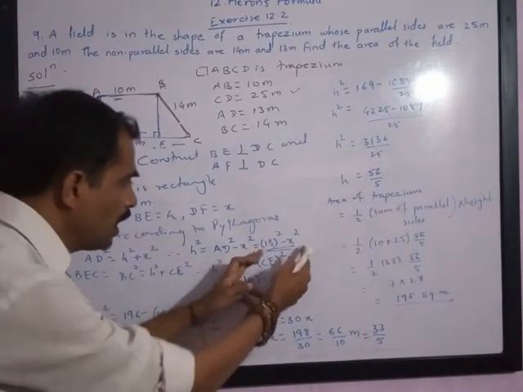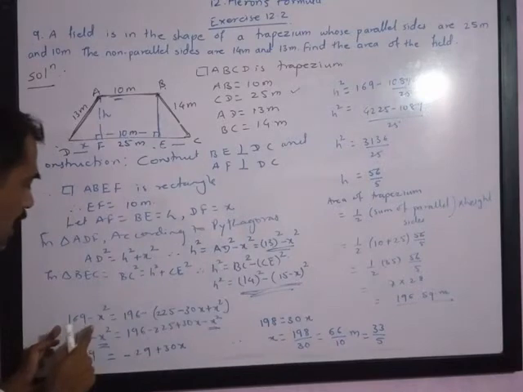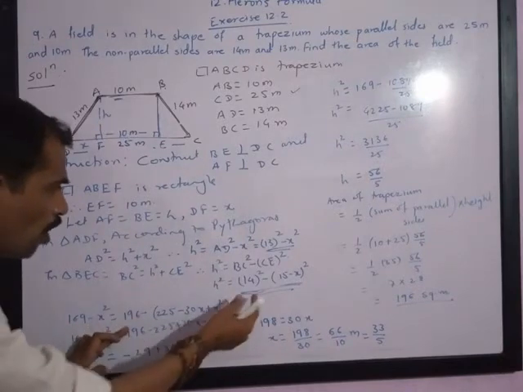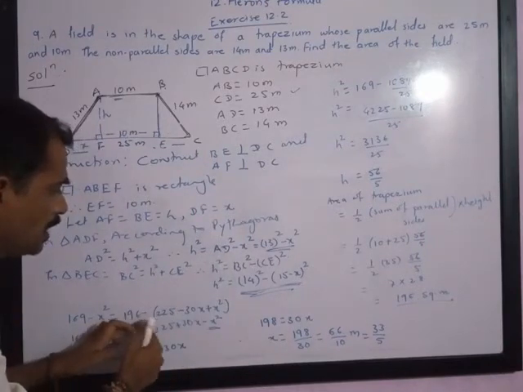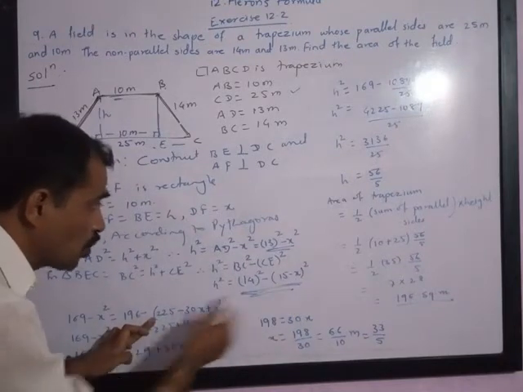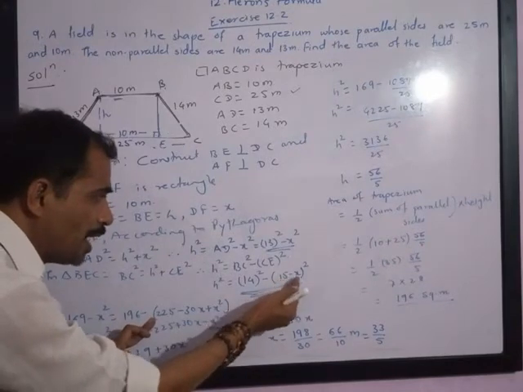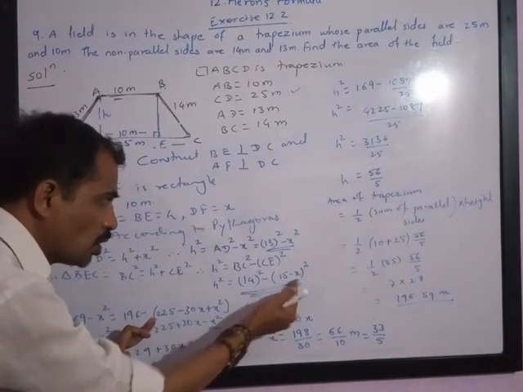Now if you equate these values, you will get 13 square is 169 minus x square is equal to 14 square is 196 minus (15 minus x) square. You have to square this. It is as if (a minus b) square is equal to a square minus 2ab plus b square.